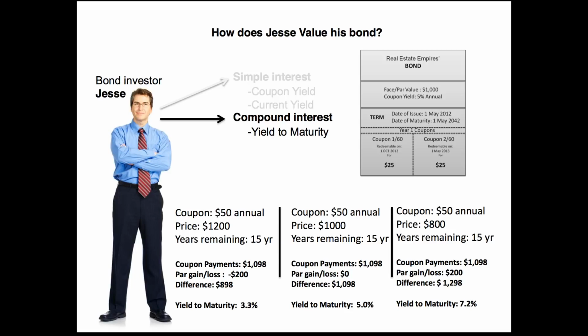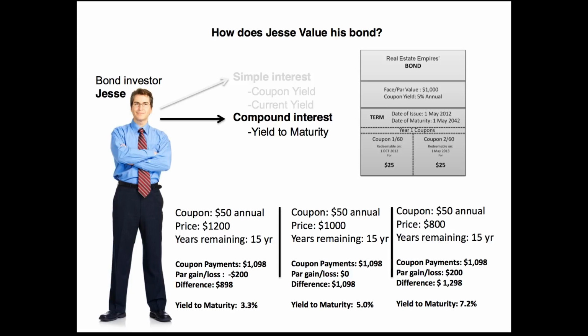So that's what the yield to maturity accounts for. Not only does it do the compound interest, but it also accounts for that difference between the price that you pay and the face value. So that's why this number is really important, because it really wraps all the variables together, and it gives you a real estimate of what you're going to get if you buy any bond and hold it clear to maturity. And that's how you have to look at the value of the bond.